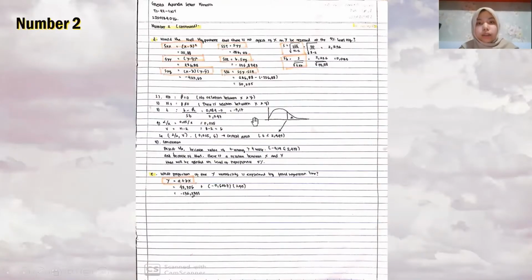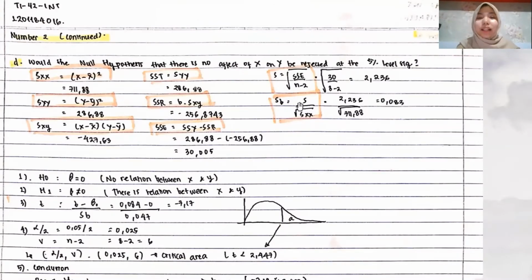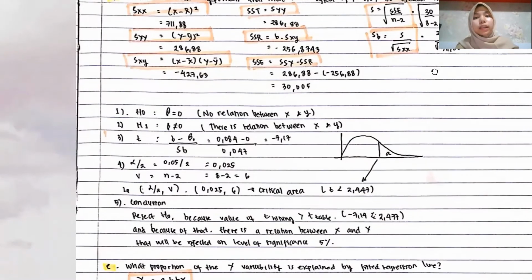And S is equal to the square root of SSE over n minus 2, or the square root of 30 over 8, since n minus 2 is 8. So here is the answer. And Sb is S over the square root of Sxx. Here is the answer, 0.083.